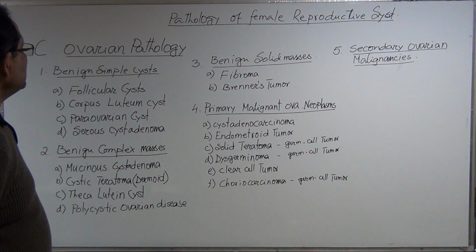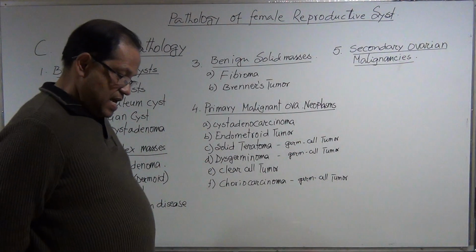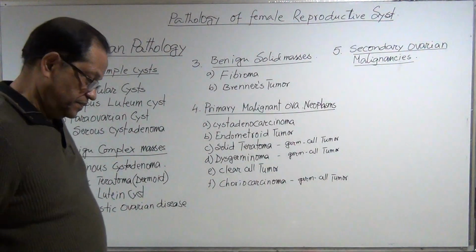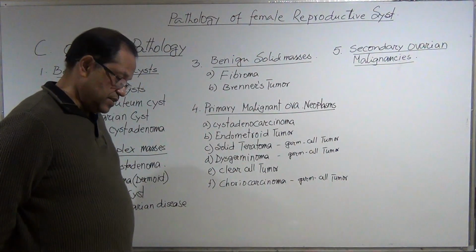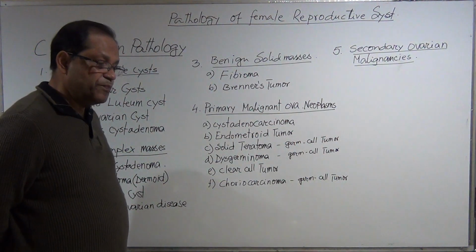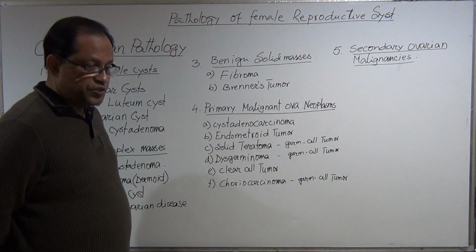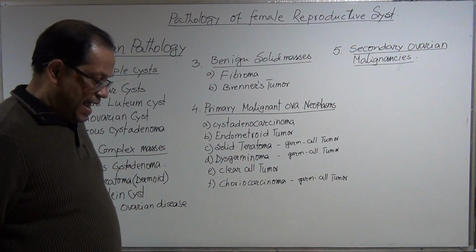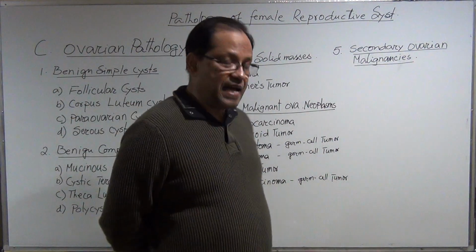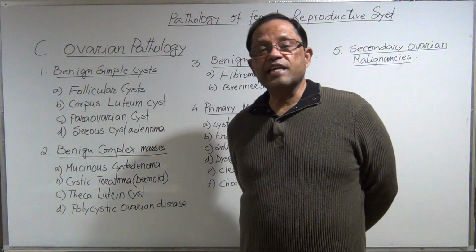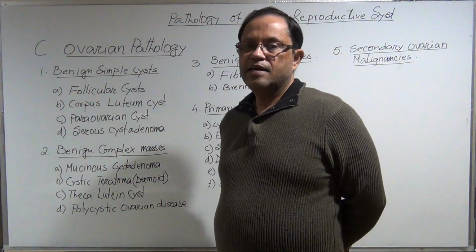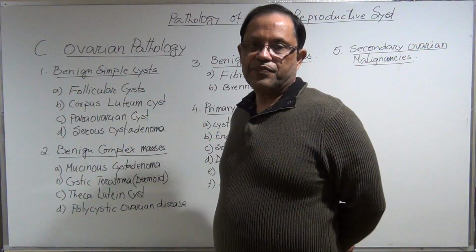Okay, so follicular cyst in the ovary is very common, very common. So always take the history of LMP and check the endometrium. Follicular cyst can be big enough that it looks like the whole ovary is taken by the cyst.